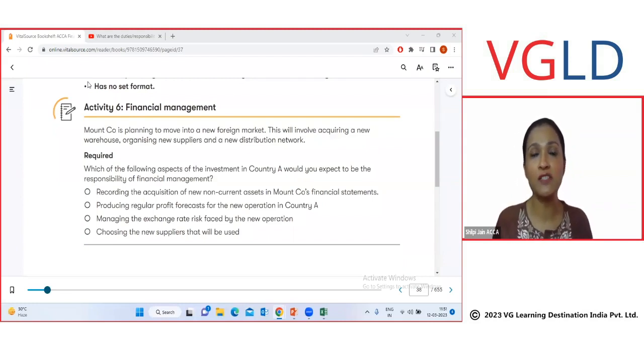Producing regular profits is not going to be your role. You're only a finance manager, right? You're not the sales director of the company. You're not the production director of the company who has to make sure that profits are coming in. Reporting is something that could probably be your KRA, but managing the exchange rate risk is certainly your primary KRA here, right?